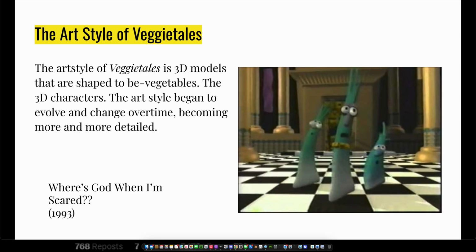Phil Vischer got the idea of the art style at an animation convention. Well, it was probably a technology convention back in 1989 when he watched a company called Rhythm and Hues present their animation, which was CGI salt and pepper shakers on a yellow countertop, which is where Phil got the idea for Bob and Larry's countertop.